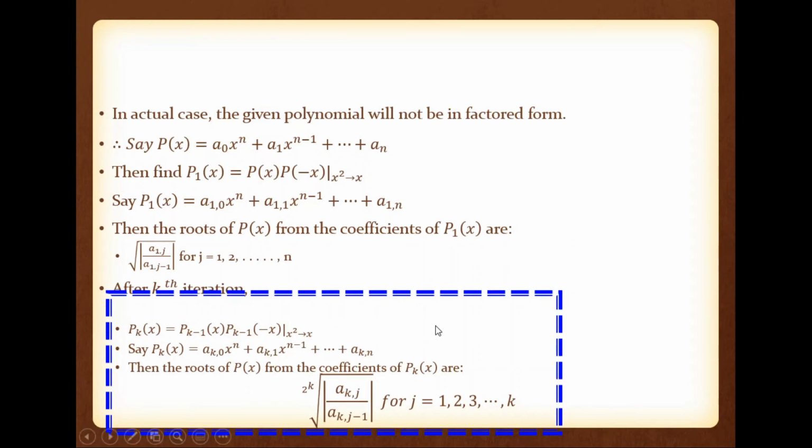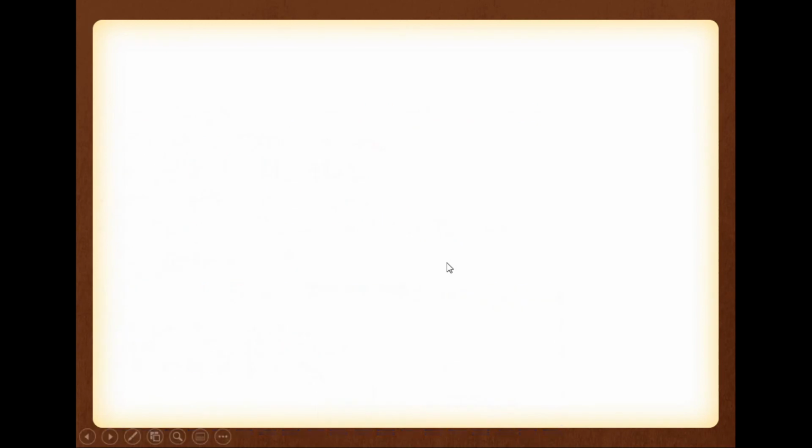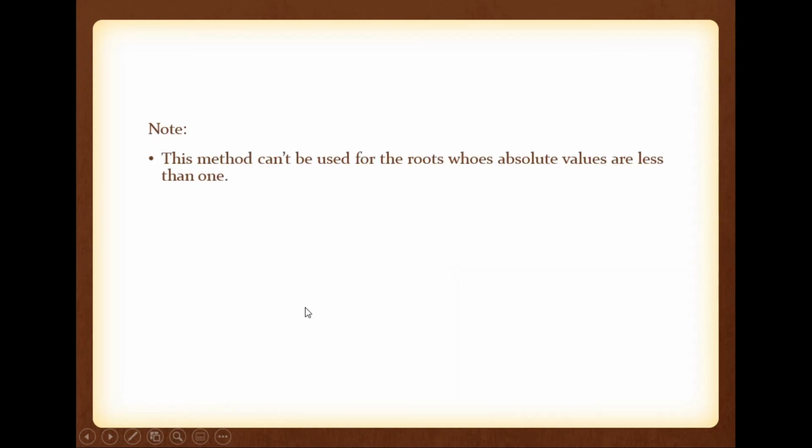Okay. So before that, you have to note two important points. First one, please note, this method can't be used for the roots whose absolute values are less than 1. It means we can find the roots whose absolute value is greater than 1. That is the first thing that we have to remember.